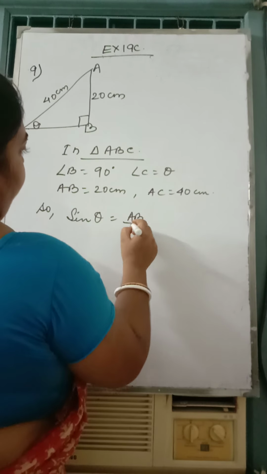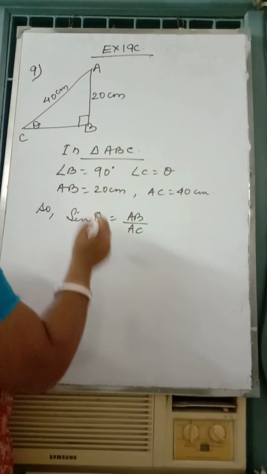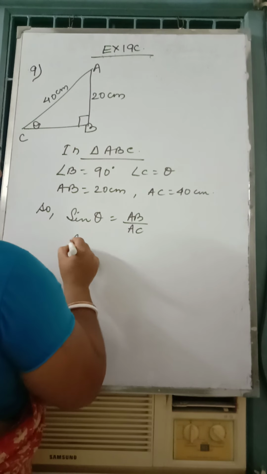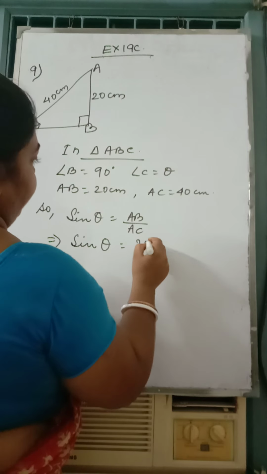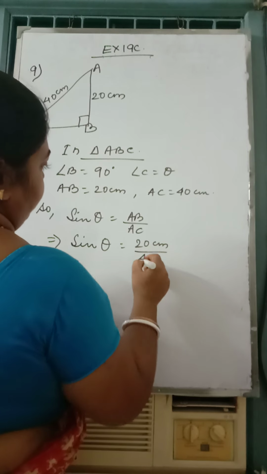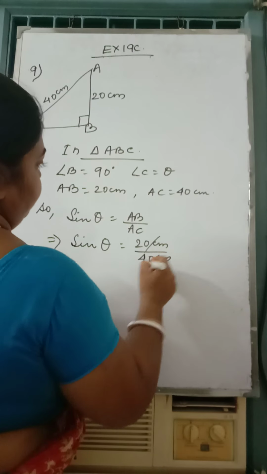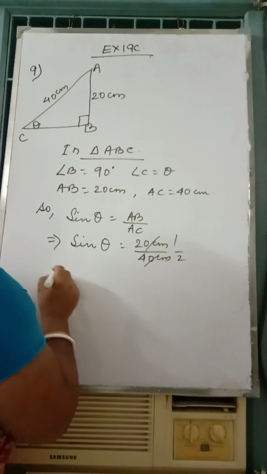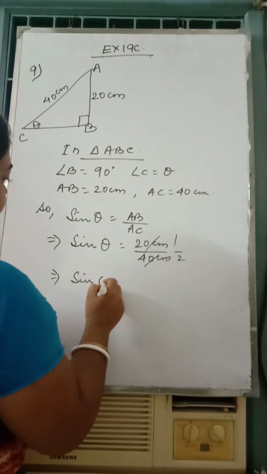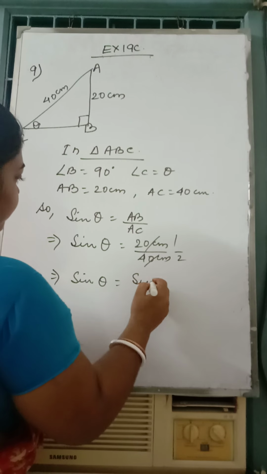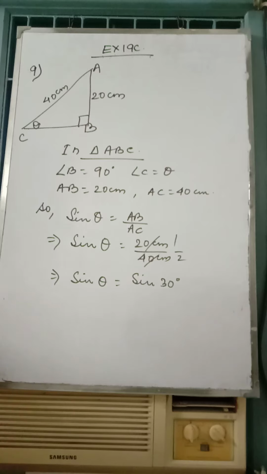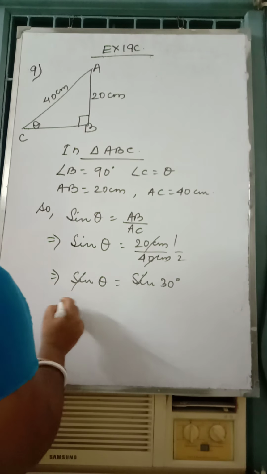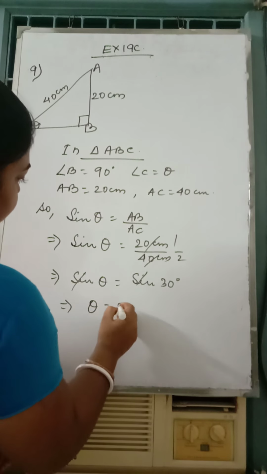We have been given the values of AB and AC, so sin theta is equal to 20 centimeter by 40 centimeter, which gives you 1 by 2. Now sin theta is equal to sin 30 degree, because 1 by 2 is equal to sin 30, so sin is cancelled and the value of theta is 30 degree.